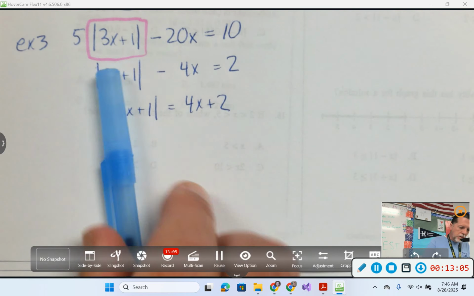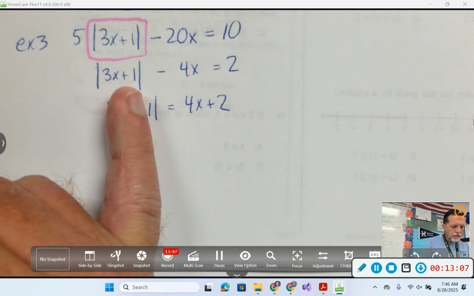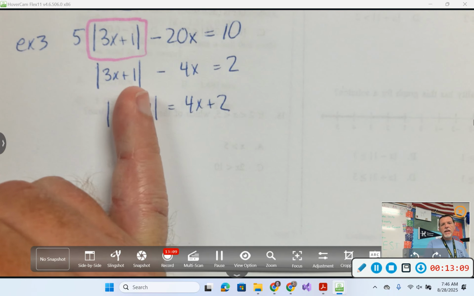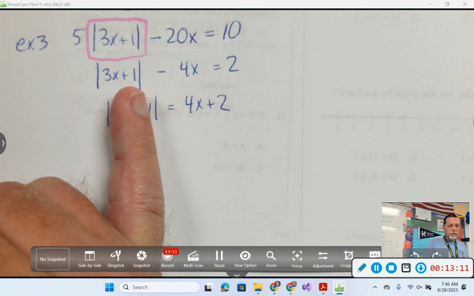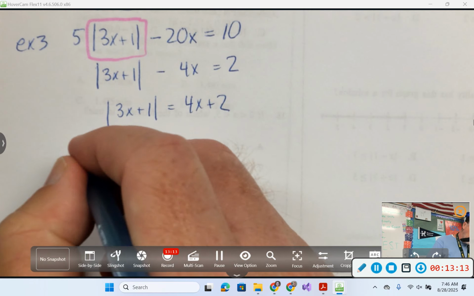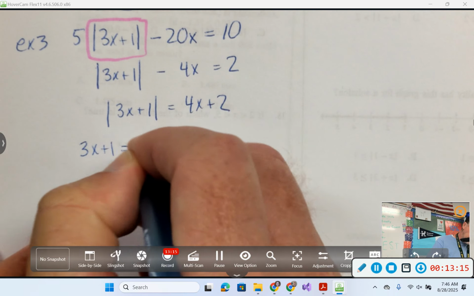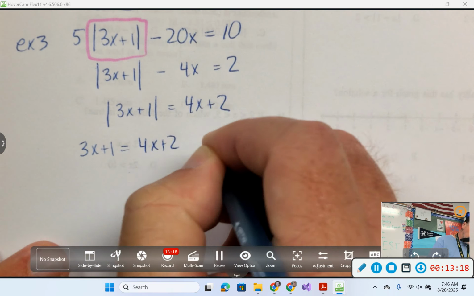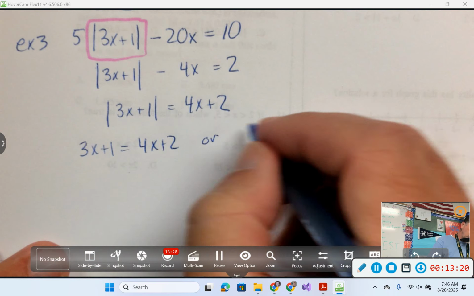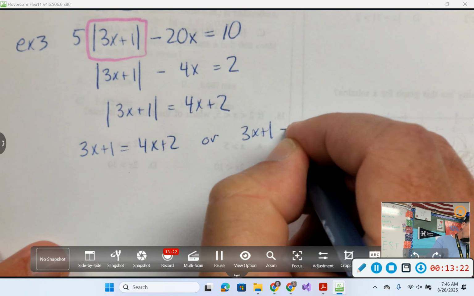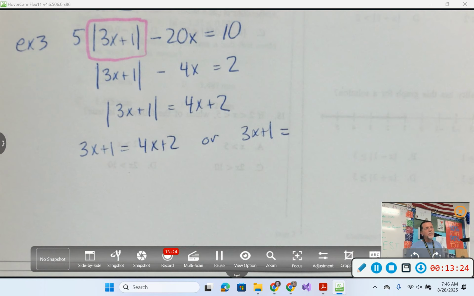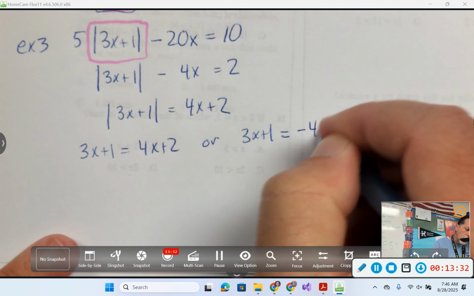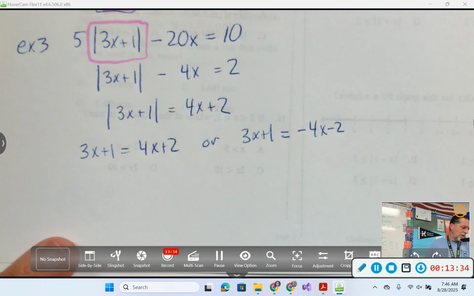But remember, this means that whatever's under the absolute value is either equal to 4x plus 2, or, again, don't change the inside stuff, it's equal to, do you know what else it might be equal to? Good. Put the negative on everything, so negative 4x minus 2.